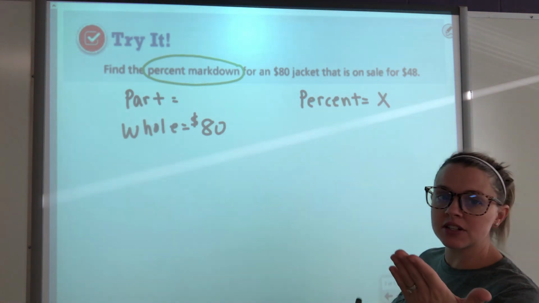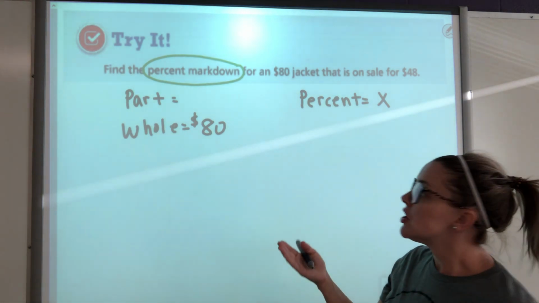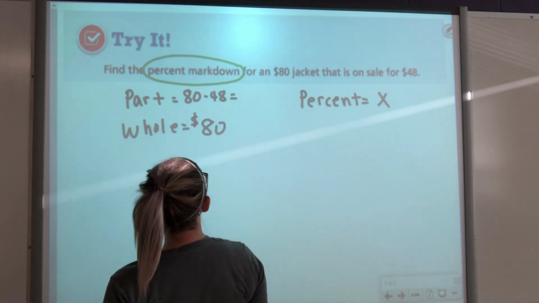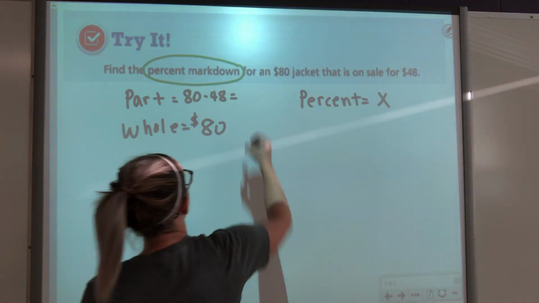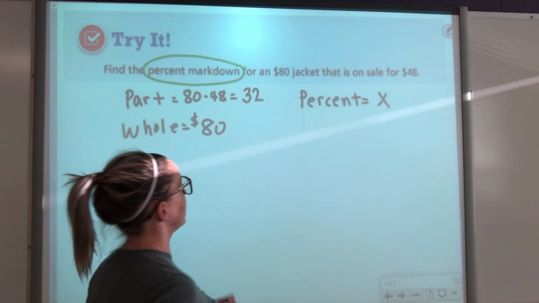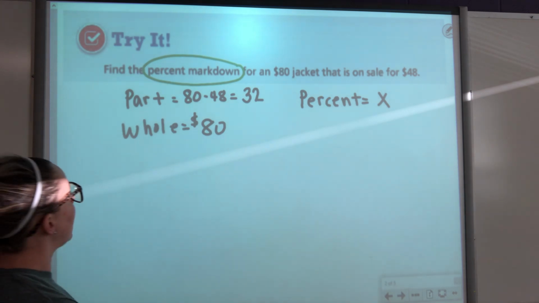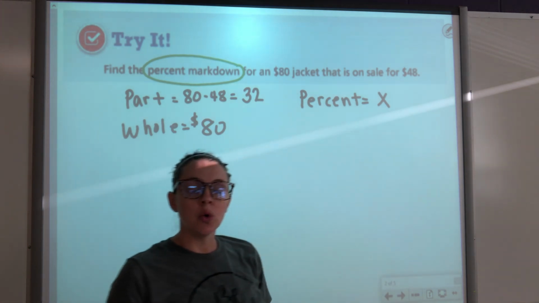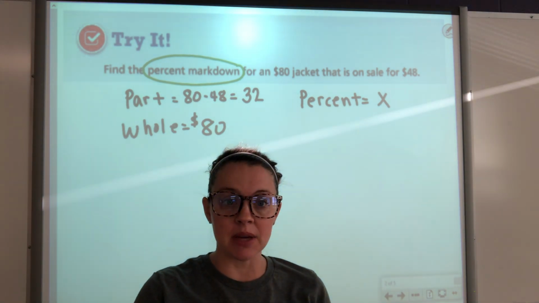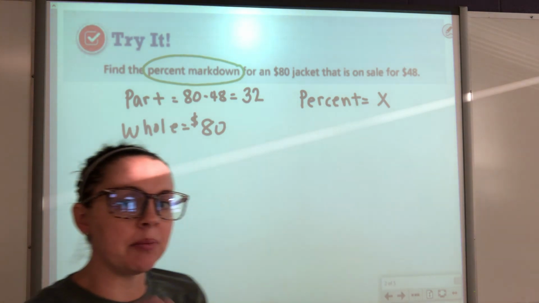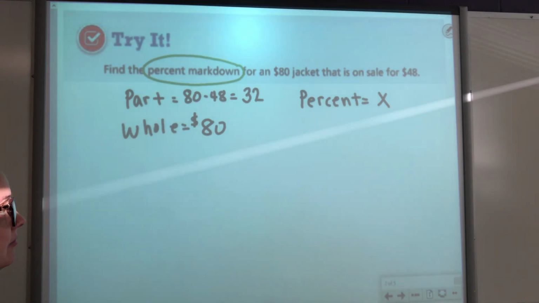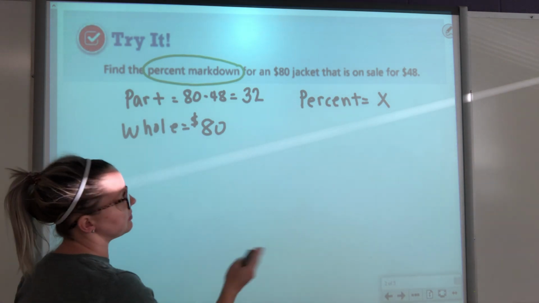So it started at $80 and it ended up at $48. So for our part, we're going to take the original minus the sale price, and that's the amount that it's marked down, which is 32. So now we've got our part, our whole, and our percent. So use your equation or use your percent proportion to find how much the percent markdown is on the jacket. Again, ask your teacher to pause the video so that you have time to solve the problem.